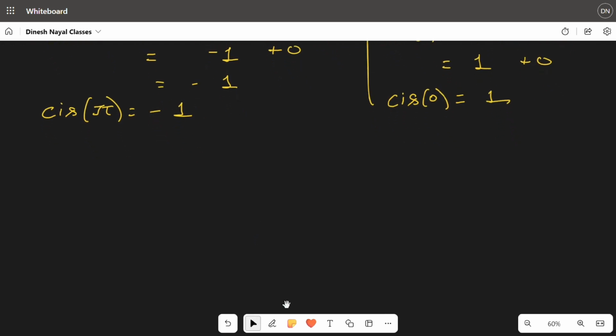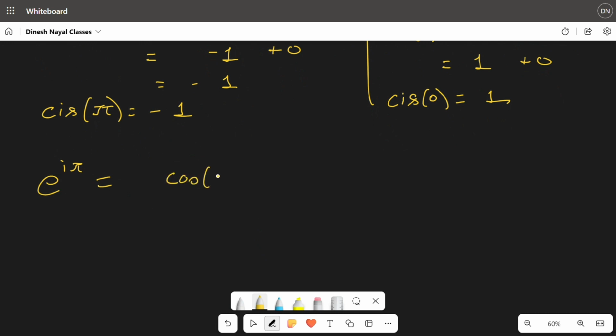Now let's consider the case in Euler's form again: e to the power i pi. You can write this as cos pi plus i sin pi. Cos pi is -1 and sin pi is 0, so e to the power i pi equals -1.